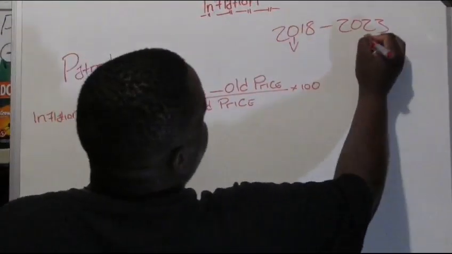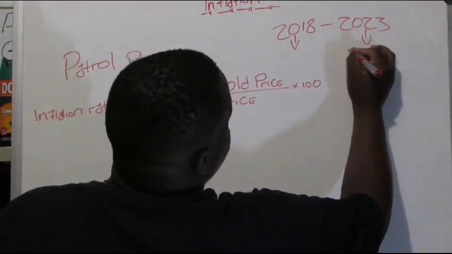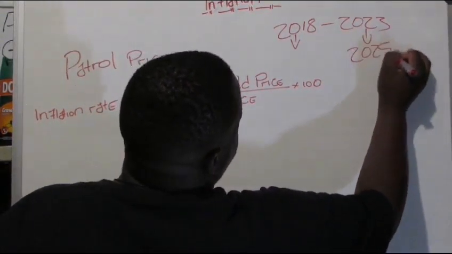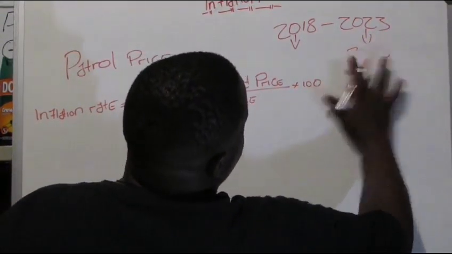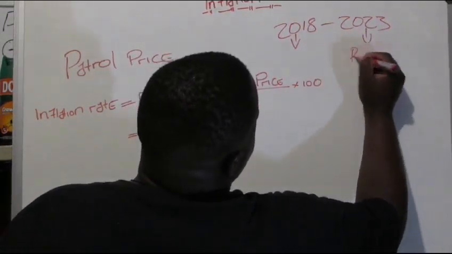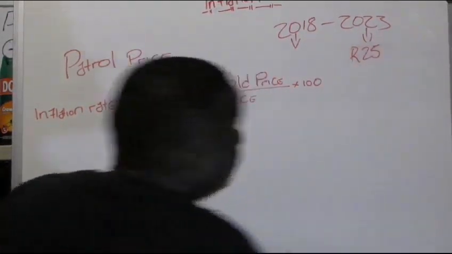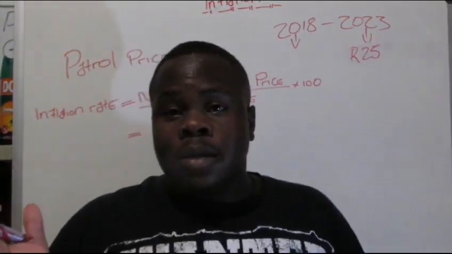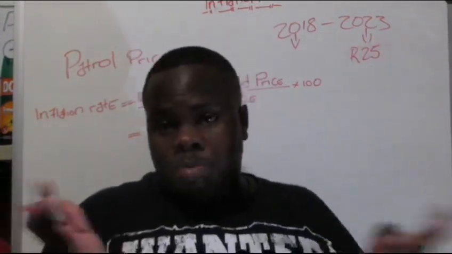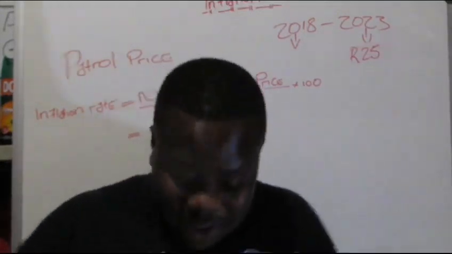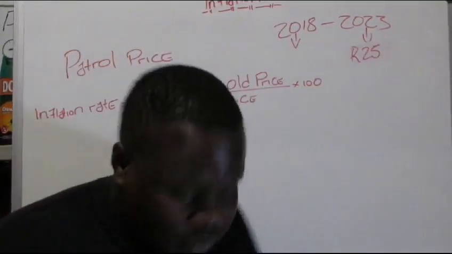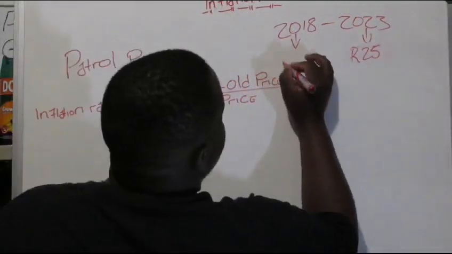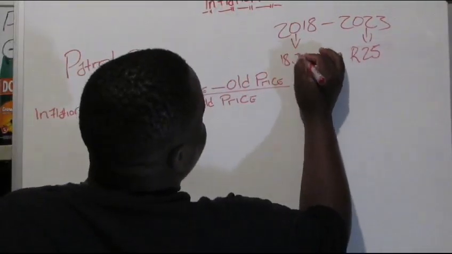In 2023 at the moment, petrol is 25 rand. So we have to actually think about it: breakfast or petrol to go to work. That's what's currently happening. The situation is rough. But in 2018, the petrol price was like 18 rand 50.